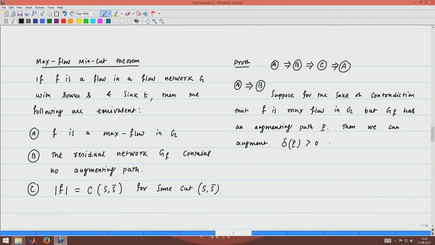We can augment delta p unit flow along p and get a better flow, which contradicts F is max flow.